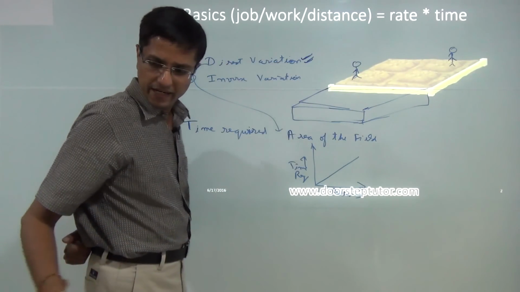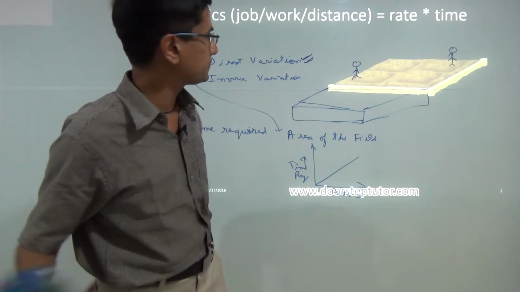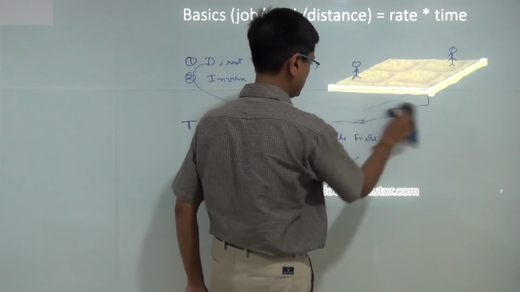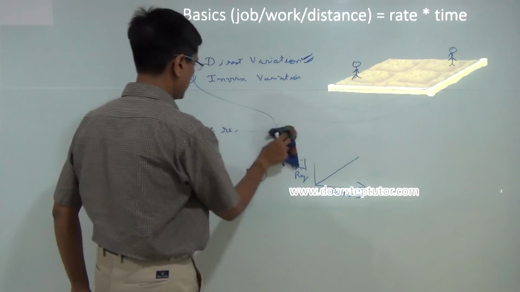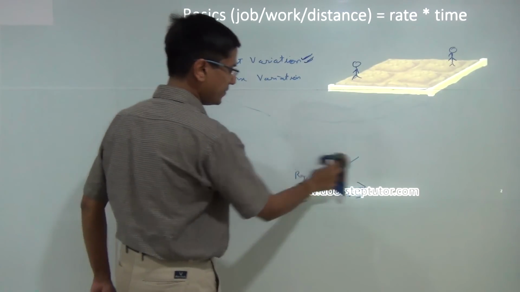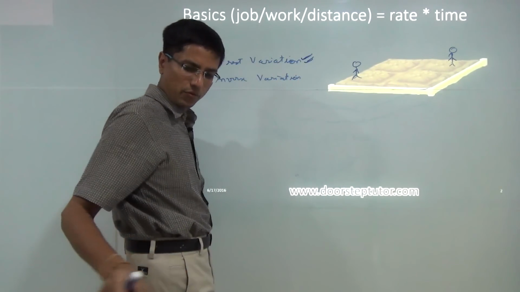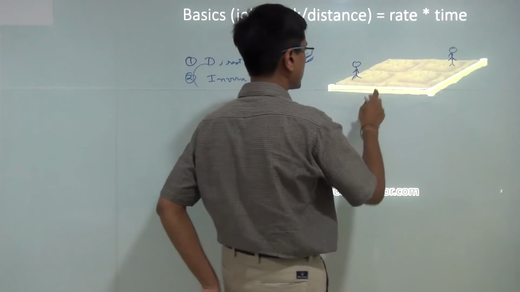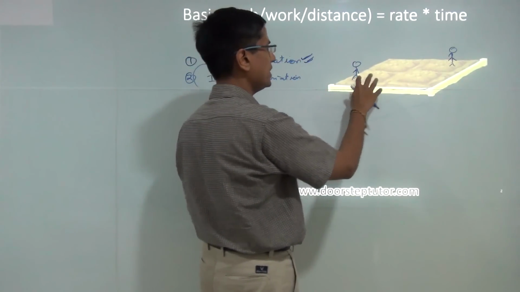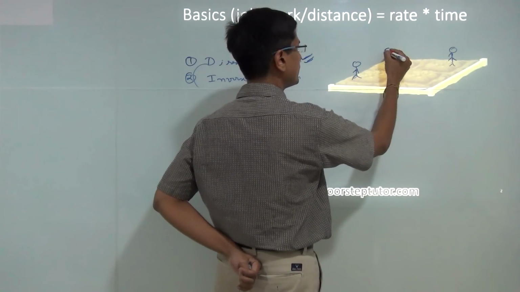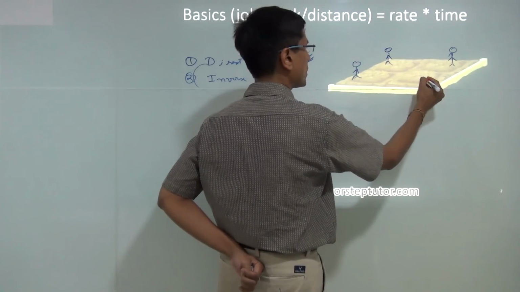Now let's look at inverse variation. What happens if I increase the number of workers? Let's say that I had 2 workers, and I am not changing the area of the field, but instead of 2 workers, I now have 4 workers.